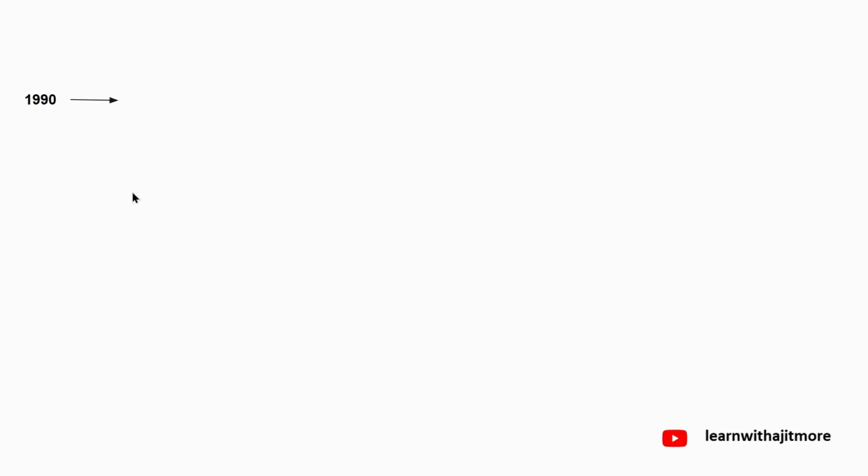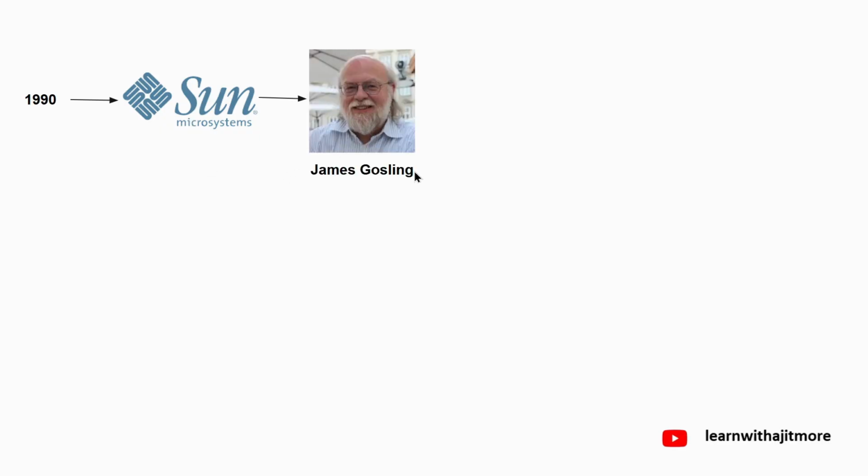So I said in 1990 at Sun Microsystems, James Gosling was given the task to write a software which will control electronic devices. Obviously, such softwares are embedded softwares. I mean, these are the softwares we develop, then the machine code is burned on the chip, and the chip is already put into that system.